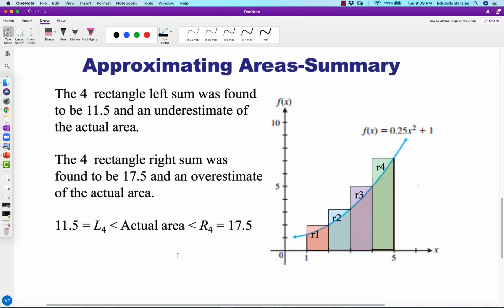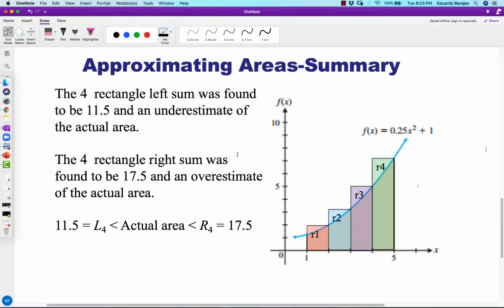Okay, so recapping, we are trying to find the area underneath the curve f of x equals 0.25x squared plus 1, the area below that function, above the x-axis, between the points 1 and 5.